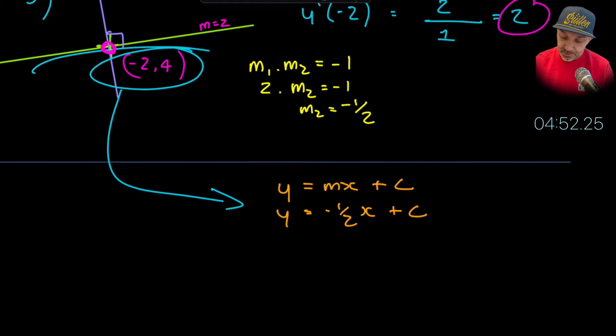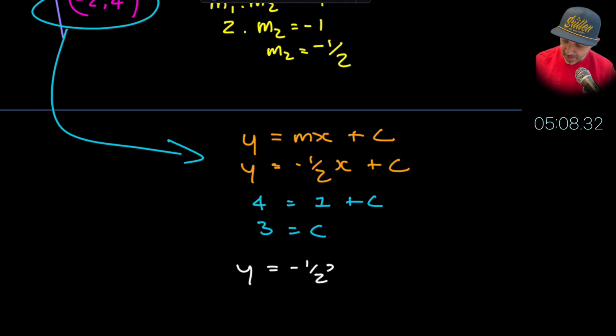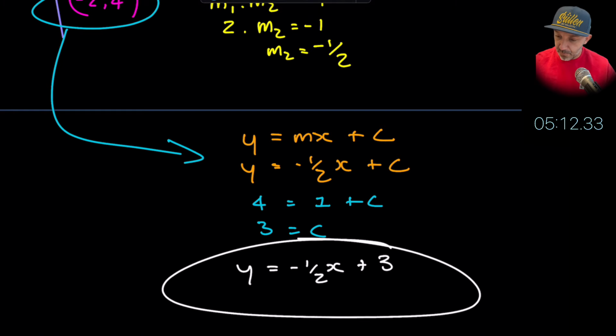So when x is minus 2, y is equal to 4. So 4 is equal to, now minus 2 times minus half is positive 1 plus c. So therefore c is equal to 3. That gives me my final result of y is equal to minus half x plus 3. And that is the equation of my normal.